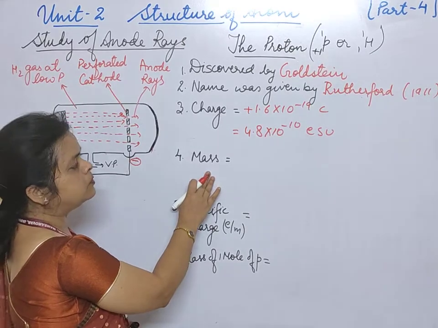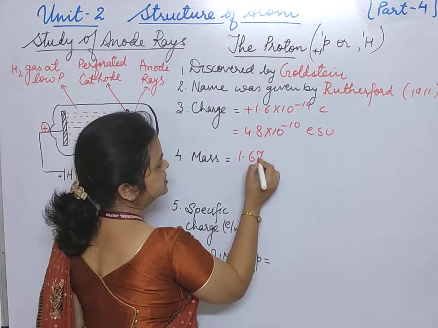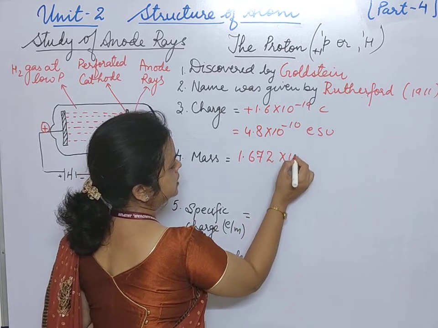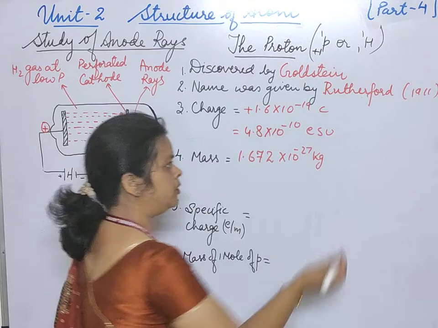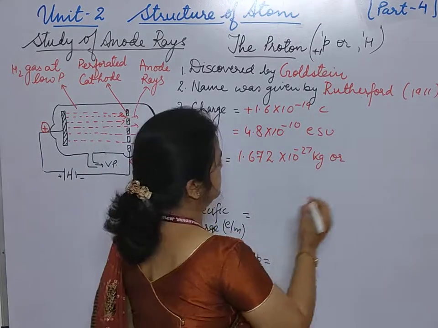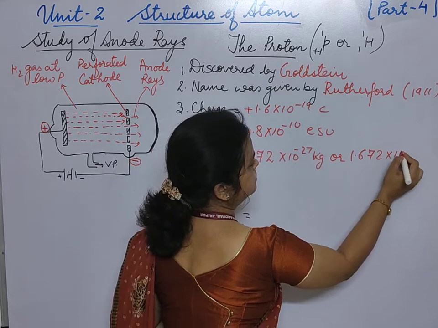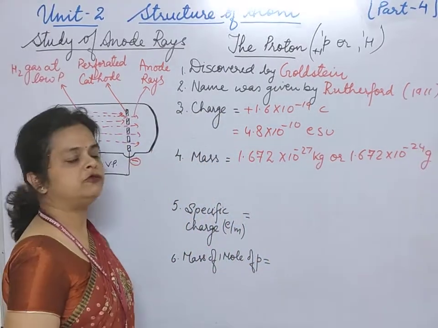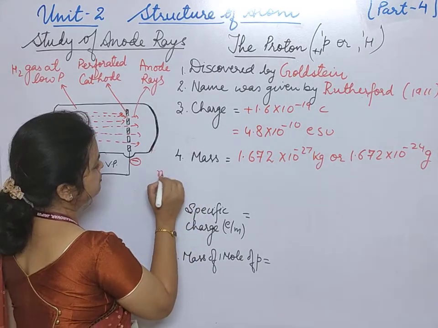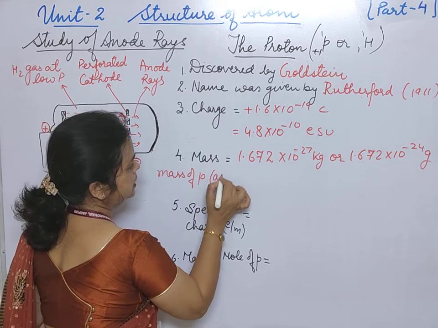Now the mass of proton is 1.672 into 10 to the power minus 27 kg. Or in grams, it will be 1.672 into 10 to the power minus 24 grams.